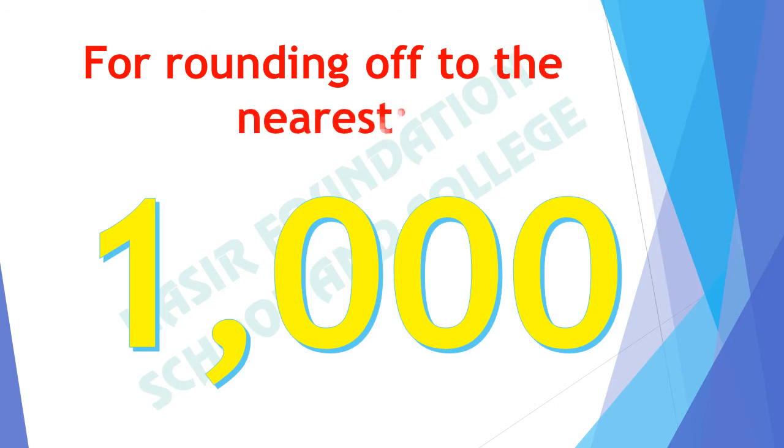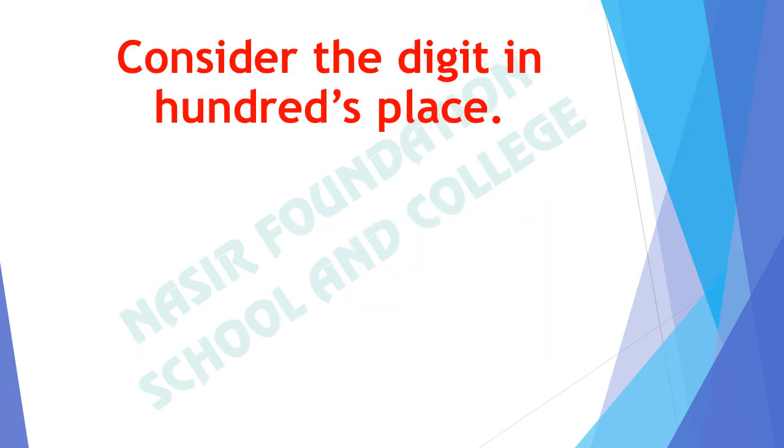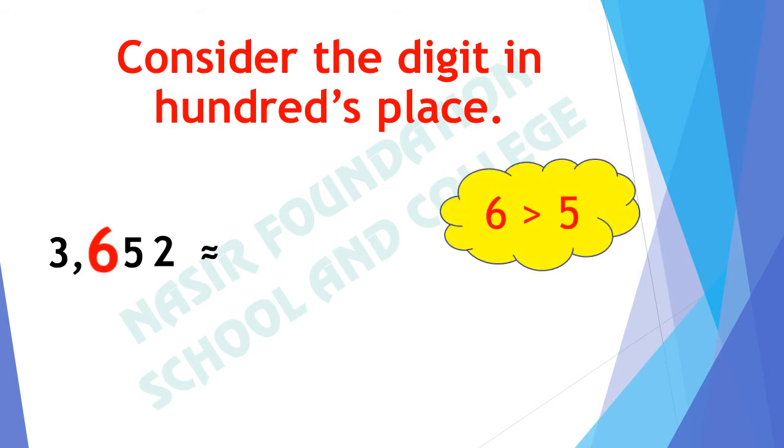If we want to round off a number to the nearest 1000, we will consider the digit in hundreds place. Here we have the number 3652. The digit in hundreds place is 6, and 6 is greater than 5.